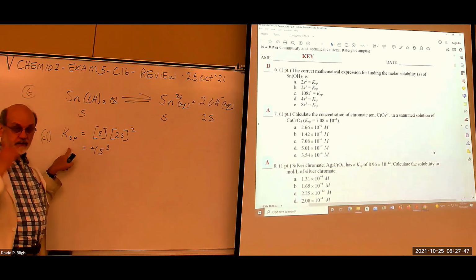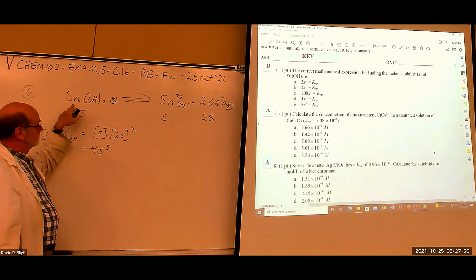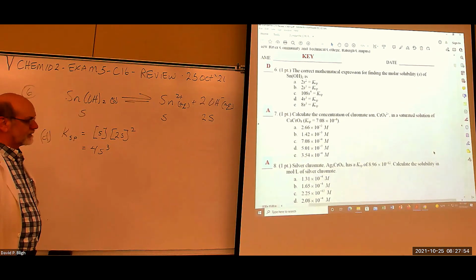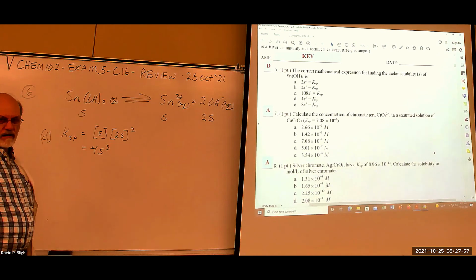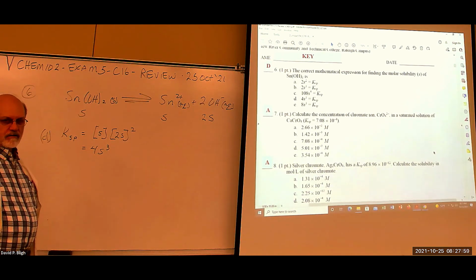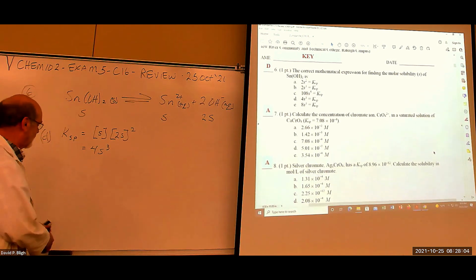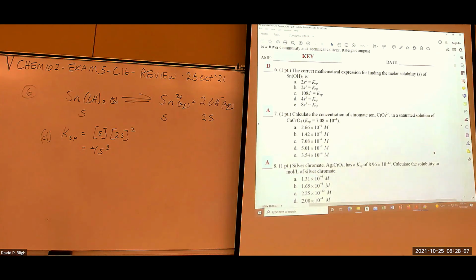So all we need is the KSP for stannous hydroxide, Sn(OH)2. Okay? That's sort of a circular nod. So you want to look up another one and see if that has this form. Let's see. How about, there should be a bunch of them.